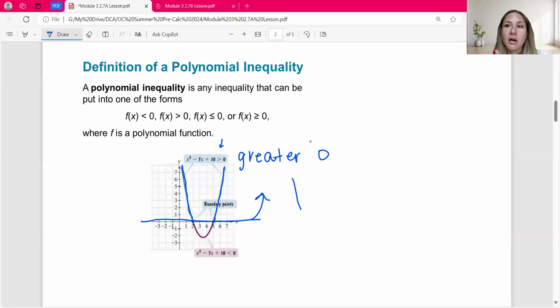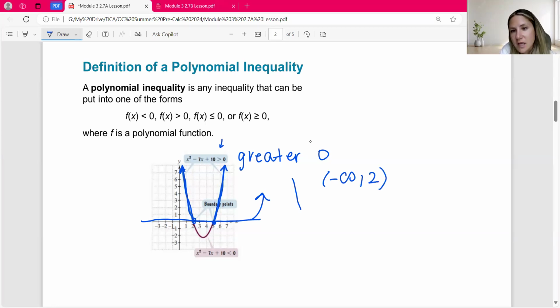And when we go to solve the examples that we're going to do in this lesson, you'll notice our answer is an interval, okay? So for this problem, the answer where this function is greater than 0, we're looking at this interval above the x-axis, and we can say it's everything from negative infinity all the way to these x-intercepts, which we call boundary points.